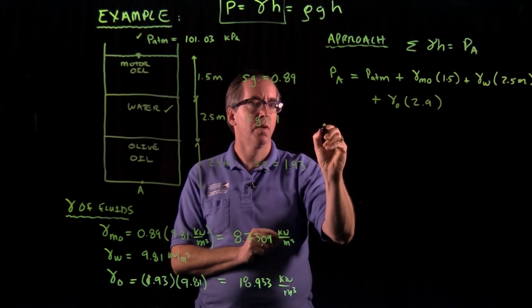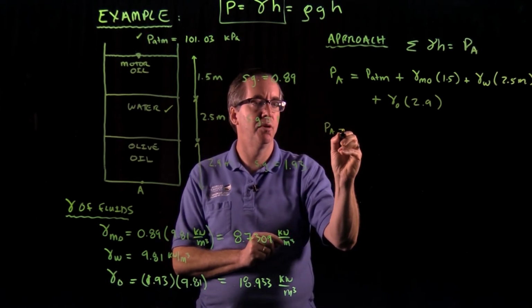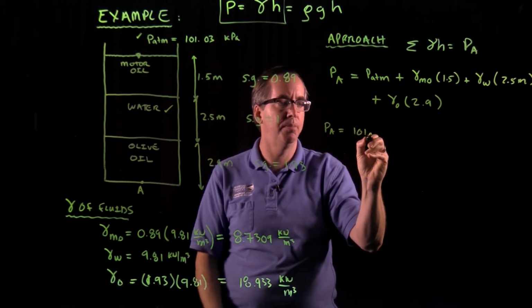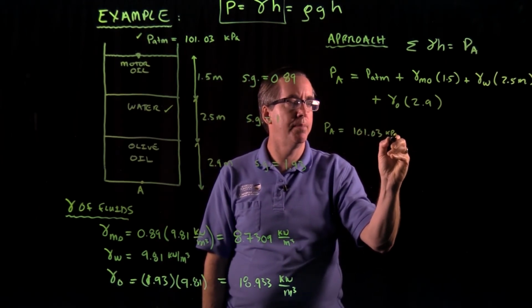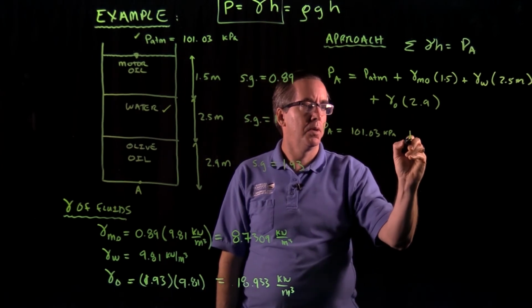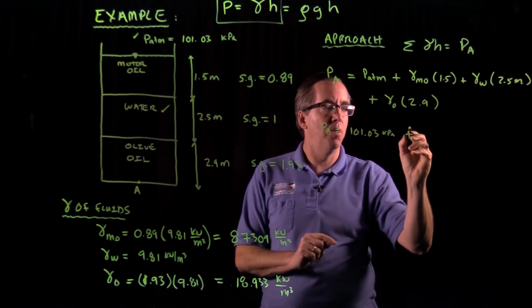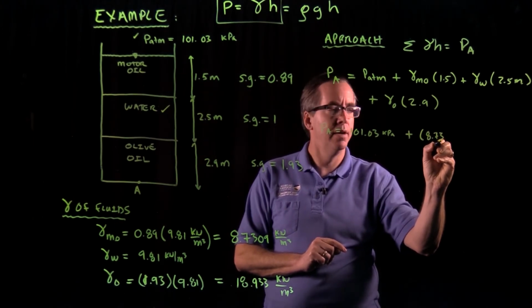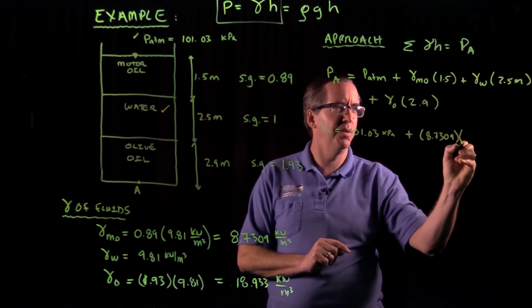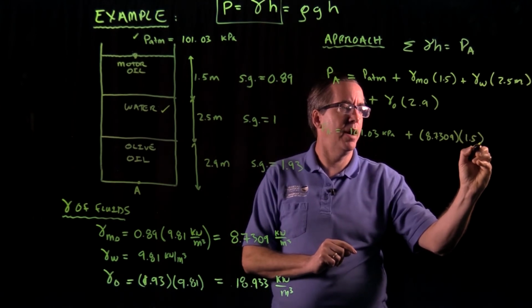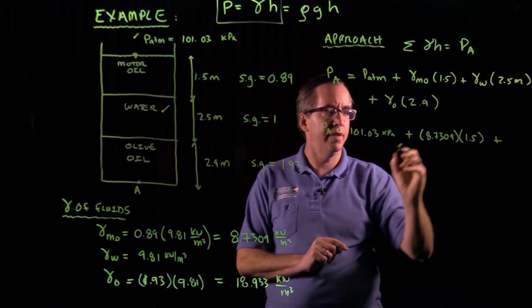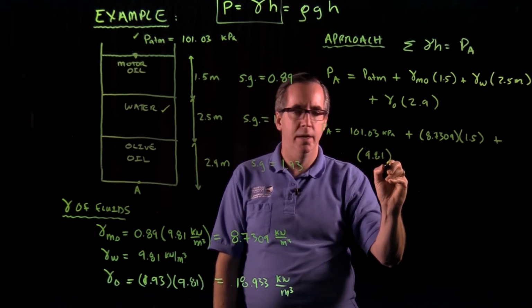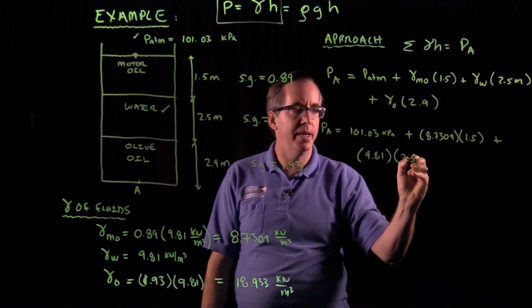If we start substituting some of these terms in, the atmospheric pressure was 101.03 kilopascals. We've got gamma of the motor oil, which is 8.7309, I'll carry that through for a little while, times 1.5, plus the gamma of the water, which is 9.81 at a depth of 2.5 meters.